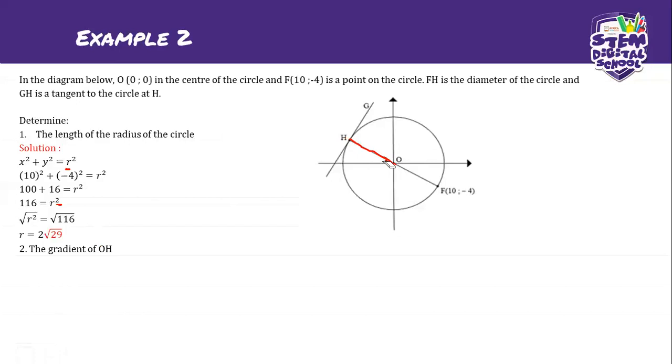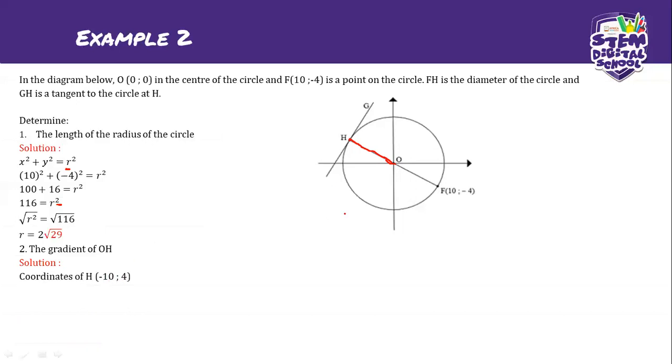In this case, we have the coordinate of O, which is (0, 0). But what about the coordinate of H? We don't have it. How are we going to do that? Let's see the solution. The coordinate of H is (-10, 4).